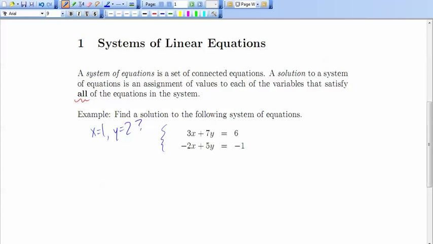Okay, that's not working. How about x equals 2, y equals 0? Because then for the first equation, 3 times 2 is 6, plus 7 times 0 is 6. Okay, that's good for the first equation. But when I try to plug into the second equation, I get negative 4 plus 0. That's certainly not negative 1.